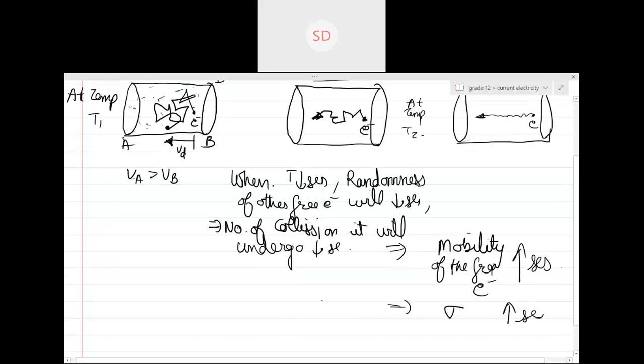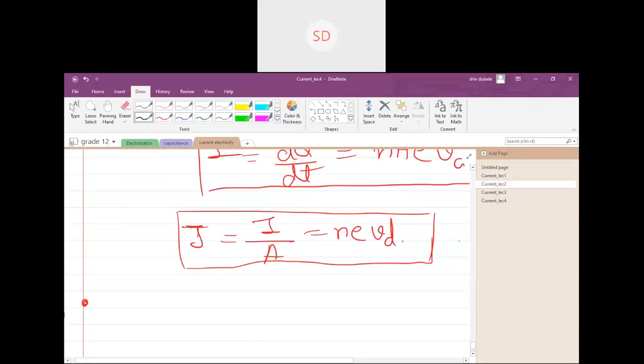If mobility increases, that implies the conductivity increases. You remember, sigma is basically Ne into mu. Do you remember this formula, guys? We discussed this in drift velocity: I is equal to NeVd, Ne into mu into E. And then J is equal to sigma into E, and sigma is 1 by rho.